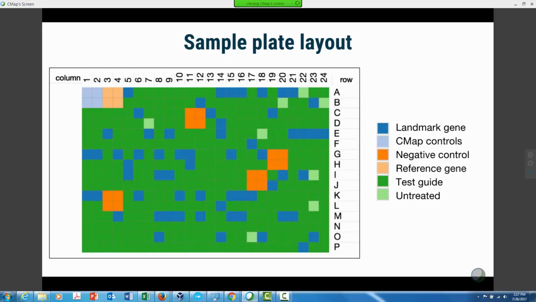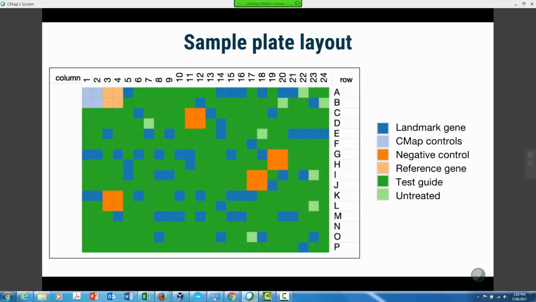We don't actually use those for any data. The light orange represent our reference genes. So these are well-performing guides that we include in the same position on every plate, just to have a reference, both in terms of technical quality and to be able to assess things like batch effects, reproducibility across cohorts, and so on.